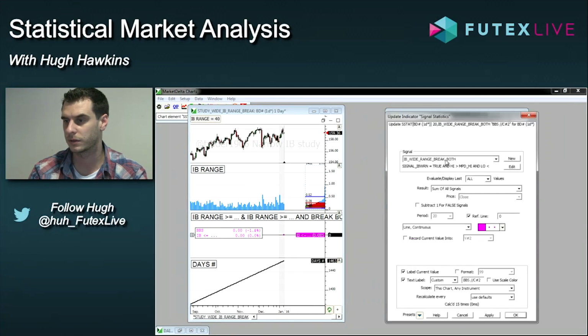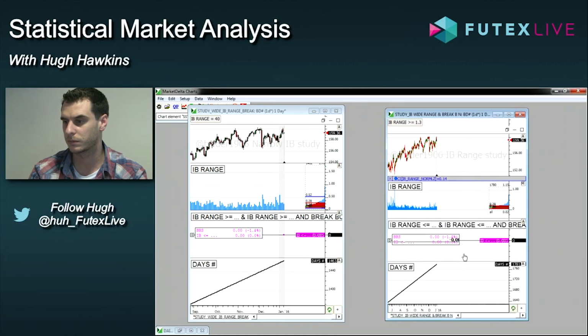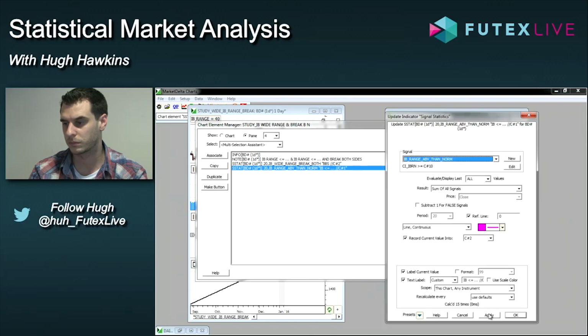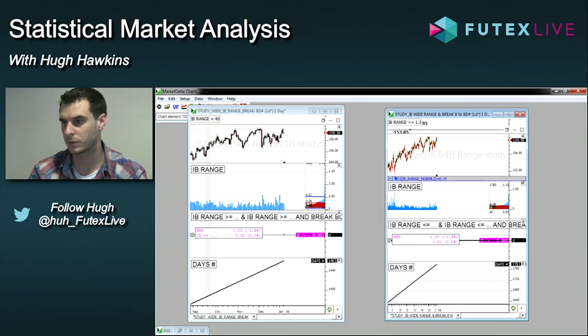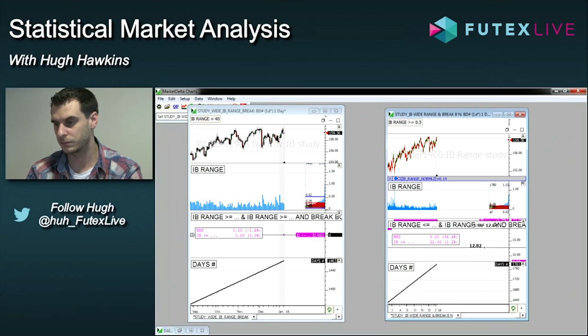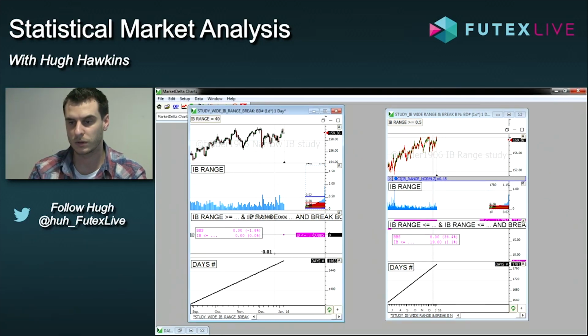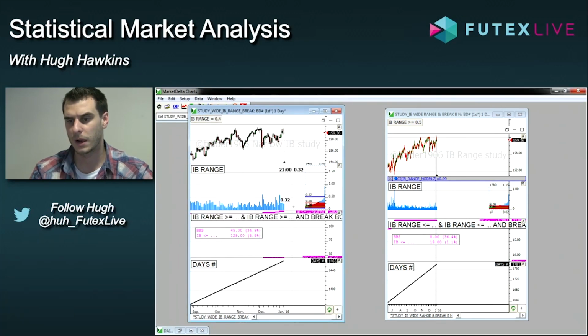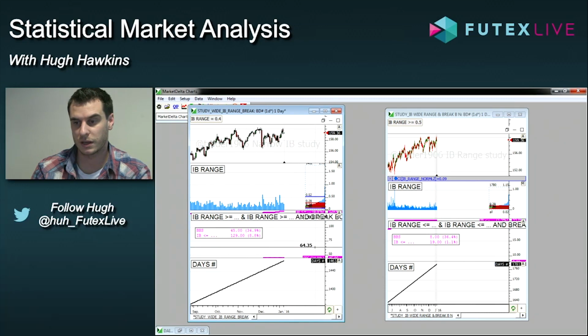Recalculate these. Bund, I think the wide range is 0.4. So 0.4 of the time, a 40 tick range is a wide range in the Bund. This is wrong here.